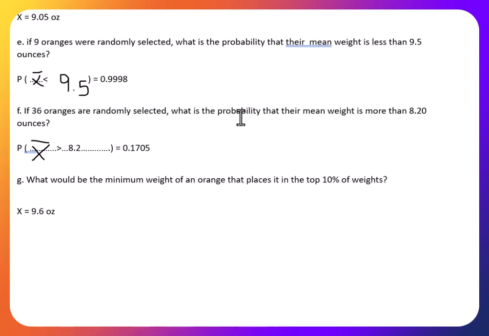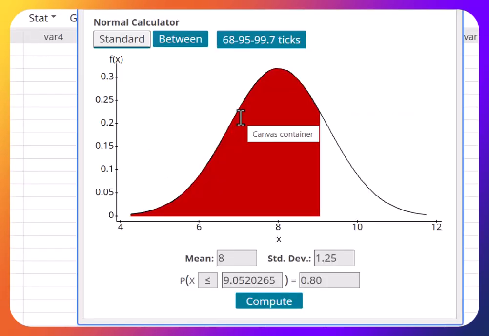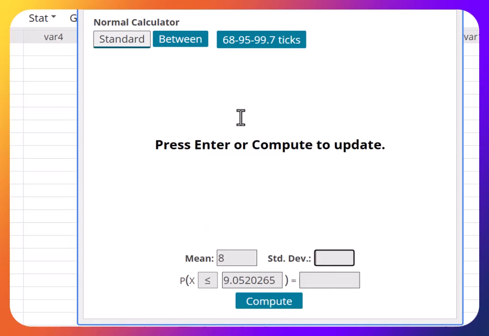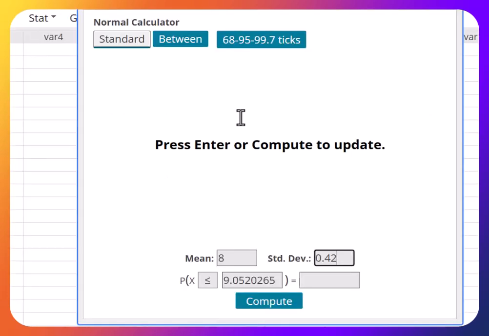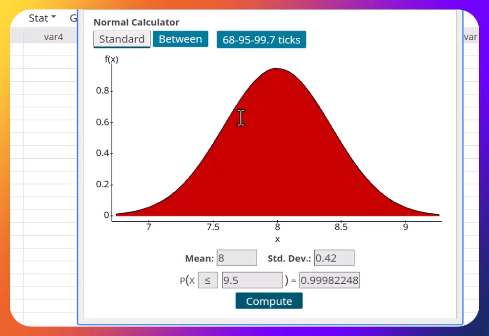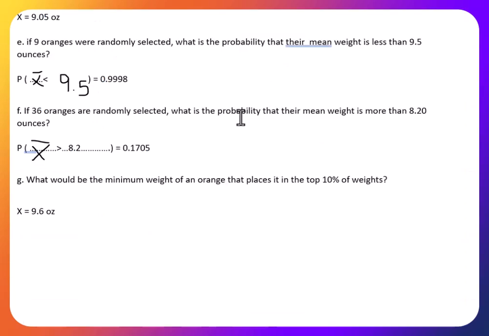We cannot use 1.25. So 1.25 divided by the square root of 9 is 0.42. We need the probability of x bar less than 9.5, which is 0.9998, so almost the entire curve. That's the answer.